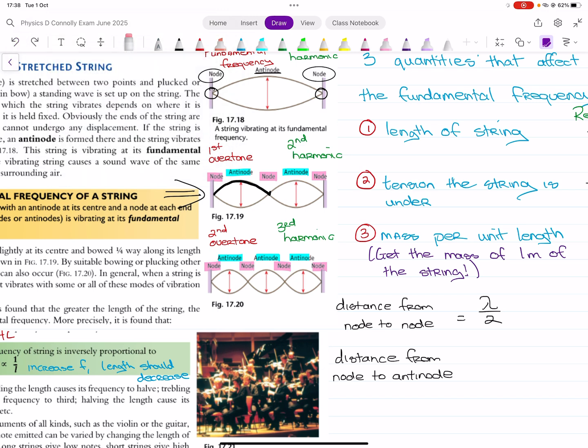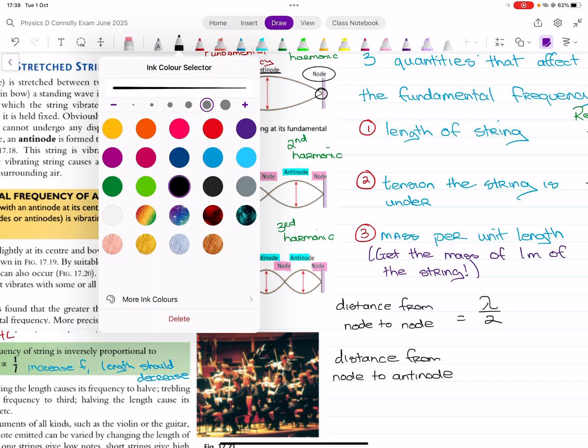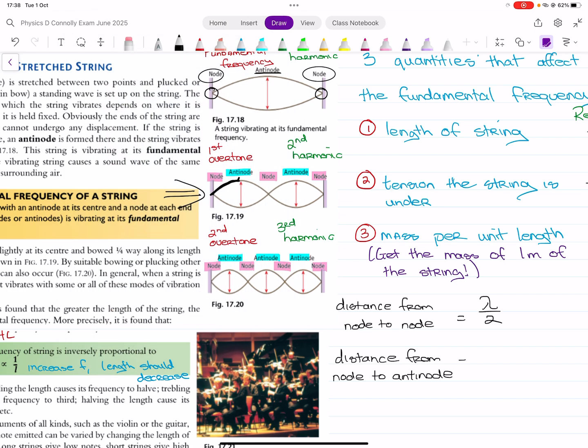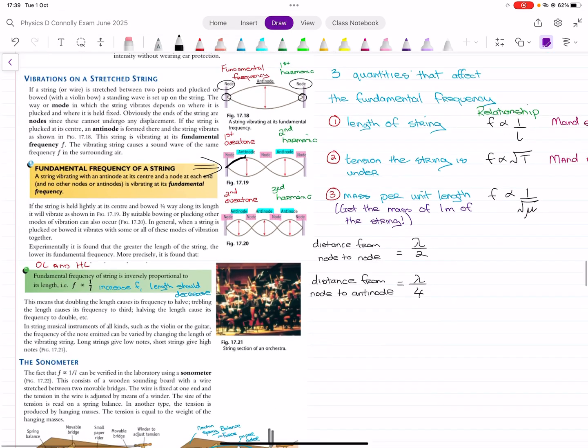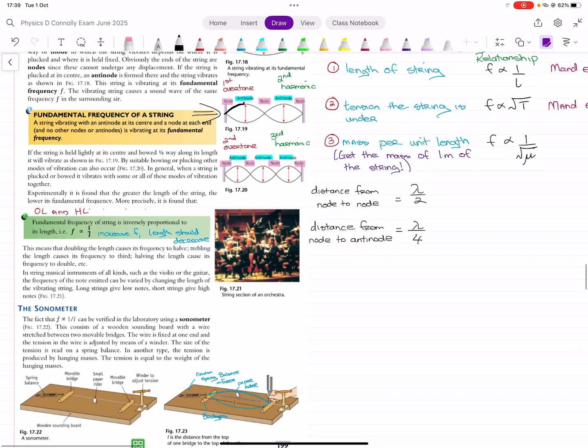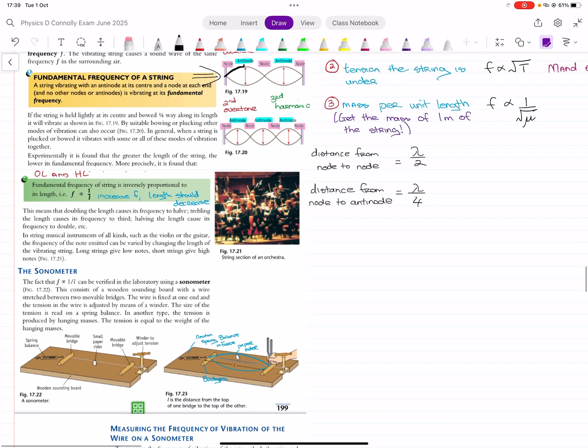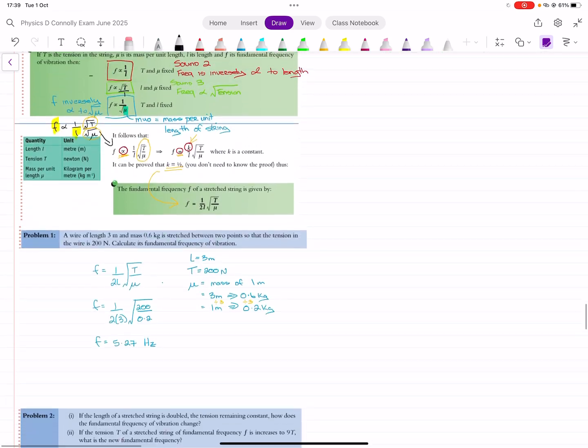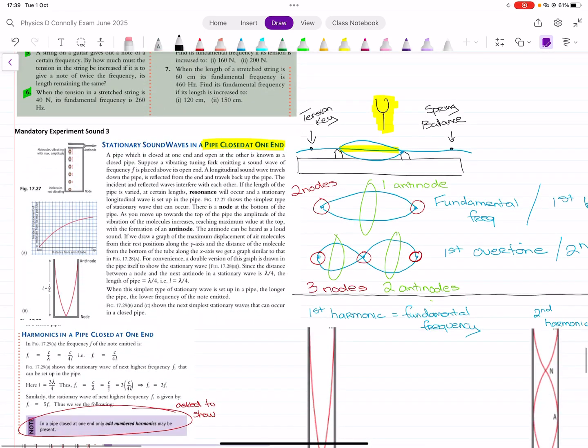So then node to antinode, which is just that bit, is a quarter of a wavelength. All right. So we learned all that way back when we were doing stationary waves for the first time. So we're going to use that knowledge down here.